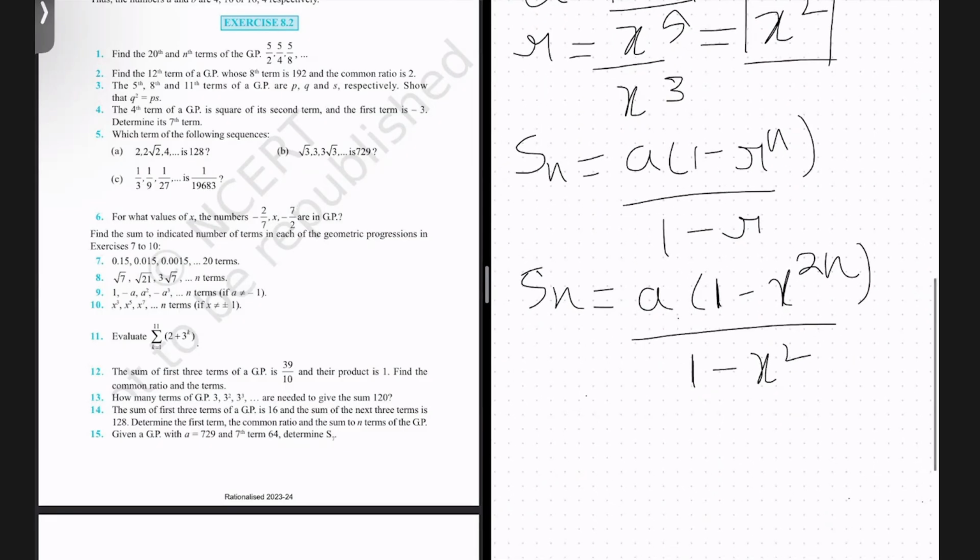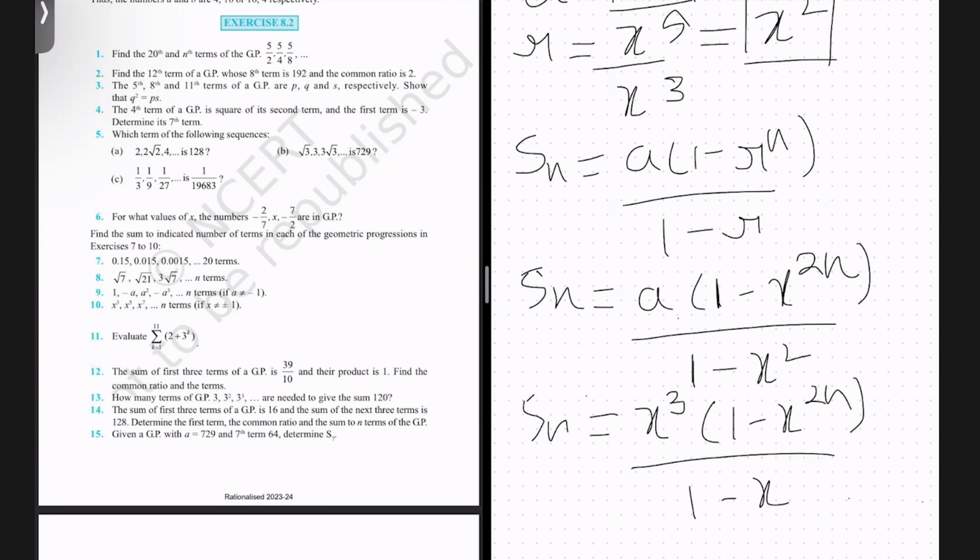Let us do that in the next step. So the Sn, the final answer, is going to be a, let us substitute a by x cube, and we have x cube into 1 minus x raised to the power 2n. In the denominator we have 1 minus x square. Correct. So that was our answer, and yeah, that is how it's going to be.